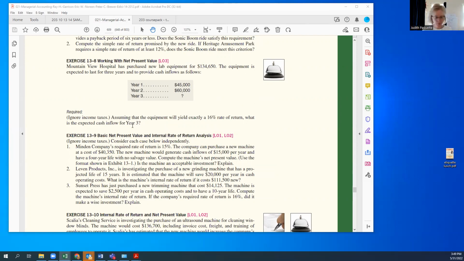Okay, so we did a problem like this in the course pack. If the hurdle rate is 16%, and for any problem we want exactly the hurdle rate, what do we know? What do we know net present value has to be if we do this? What does net present value have to be to get to that hurdle rate?